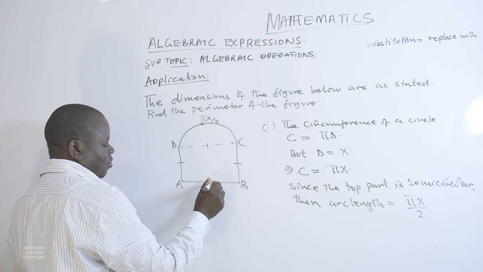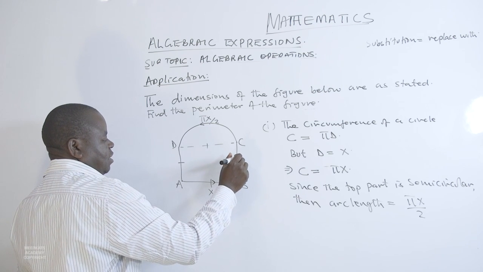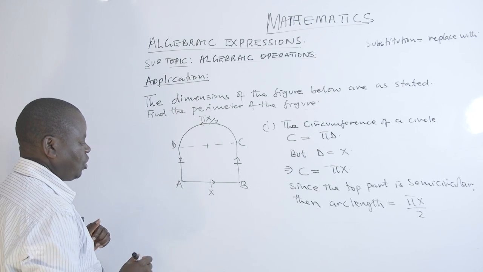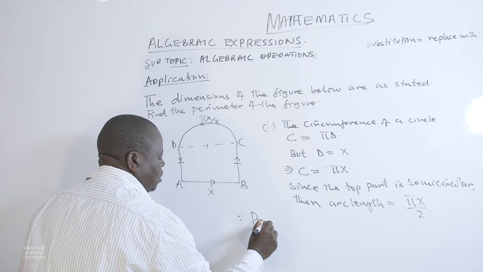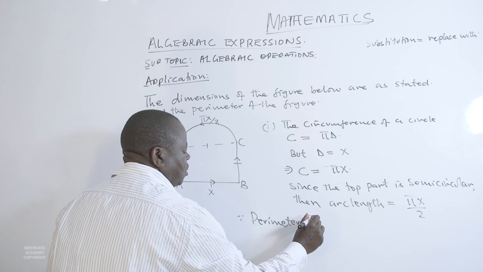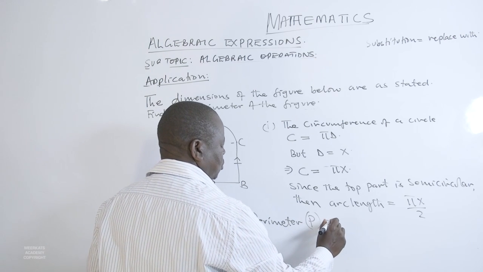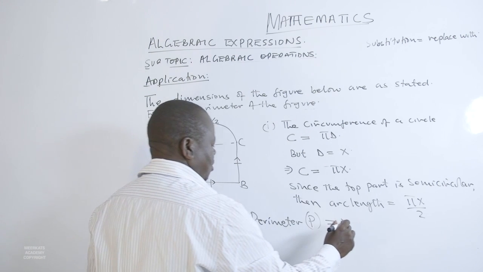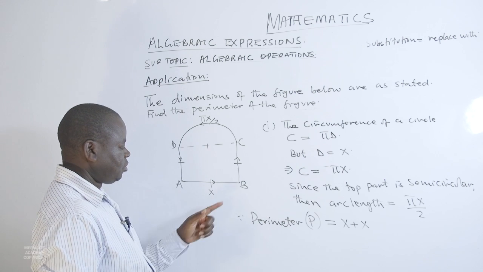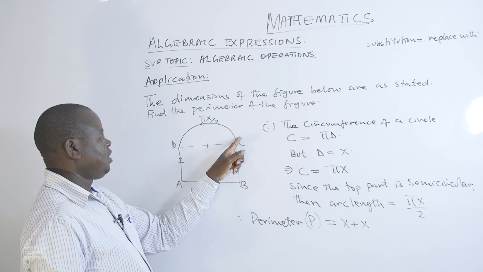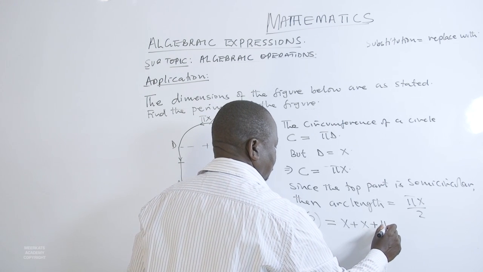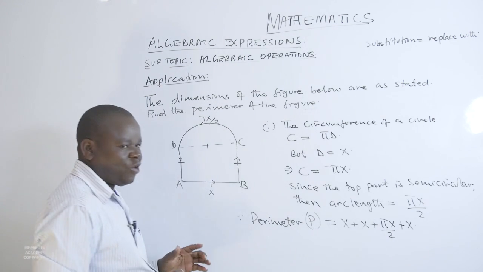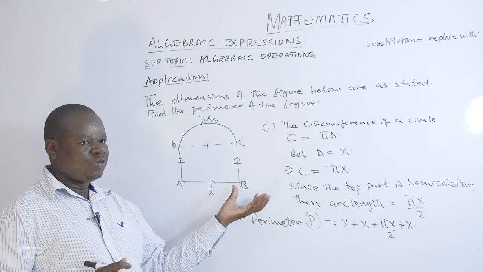We move from A to B, B to C, C to D, and then D to A. So our perimeter P will now be equal to A to B is x, B to C is x, C to D, then D to A. So you can see we have covered the distance around the figure using the information we have been given.